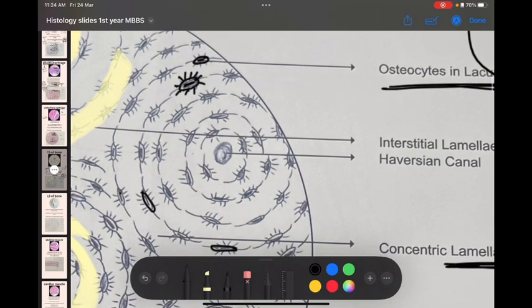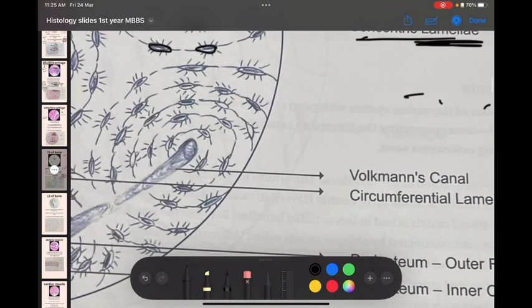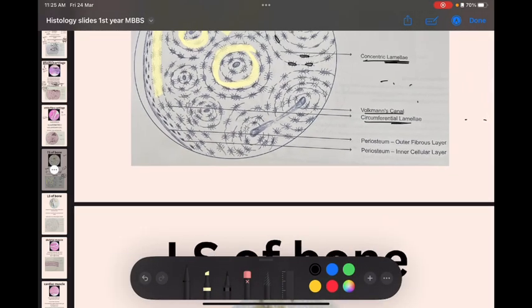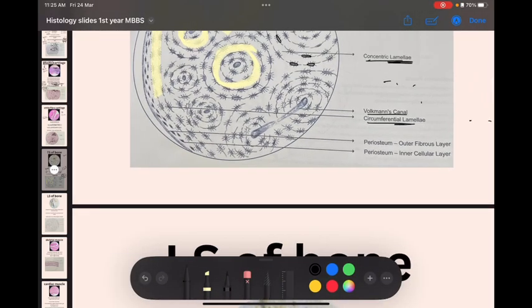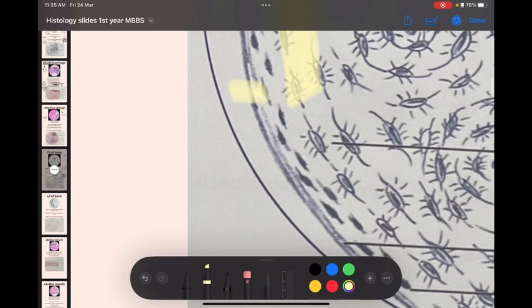Then the next ones: interstitial lamellae, Haversian canal, concentric lamellae, Volkmann's canal, circumferential lamellae. Coming to periosteum. Periosteum is again divided into outer fibrous and inner cellular.